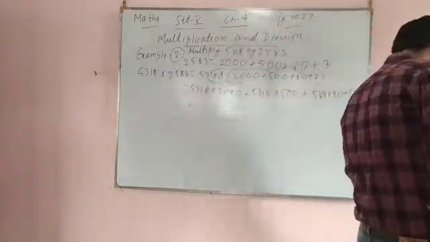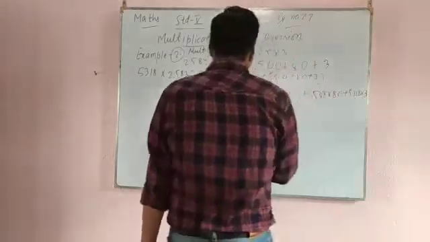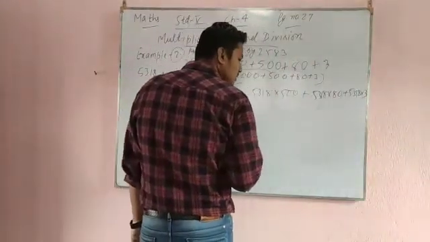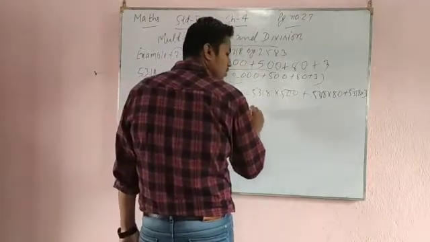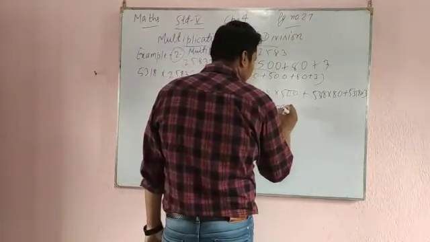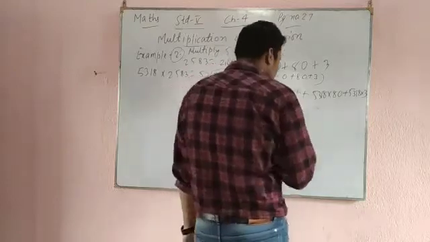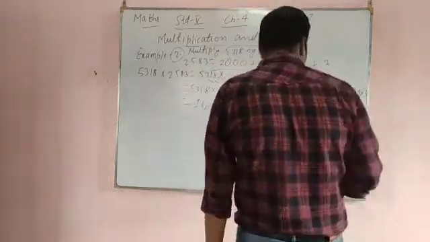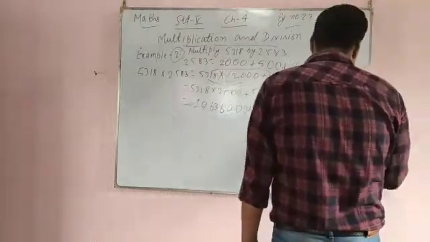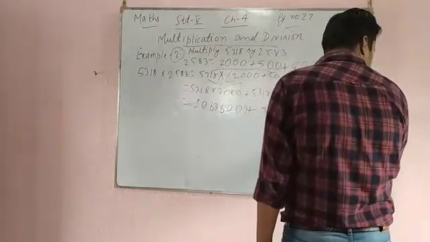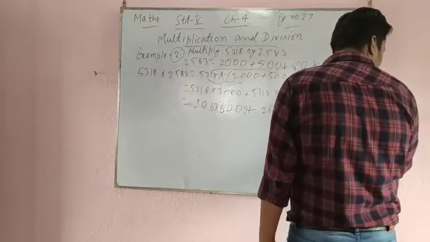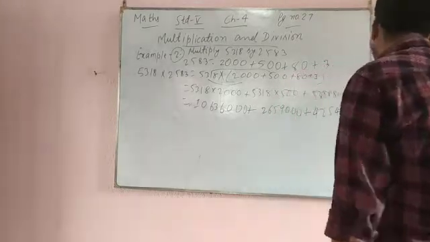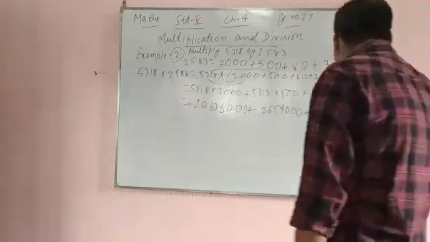Now just multiply one by one. This will be 10,636,000. Then 2,659,000 for 500. Next 425,440. The last one is 15,954.